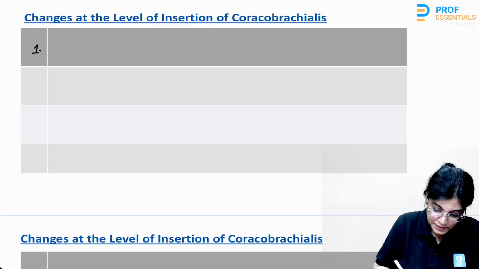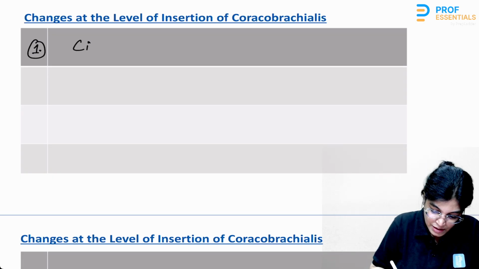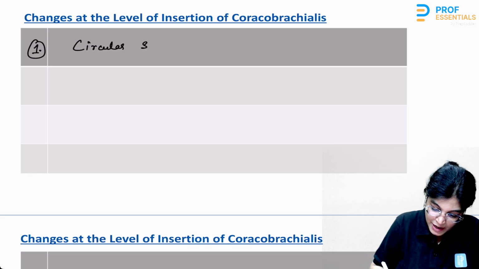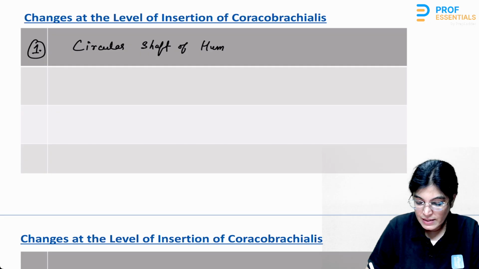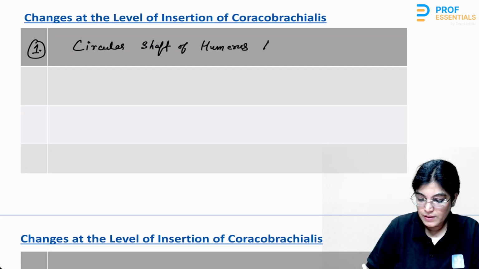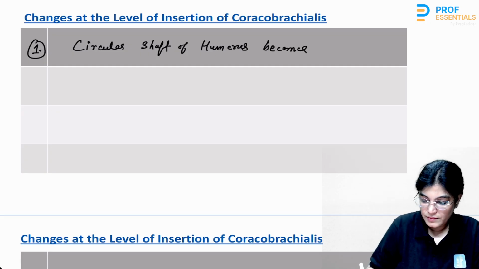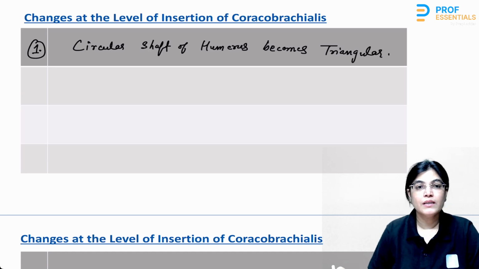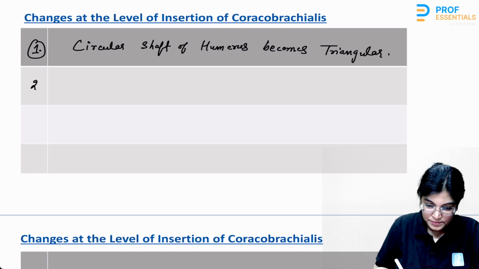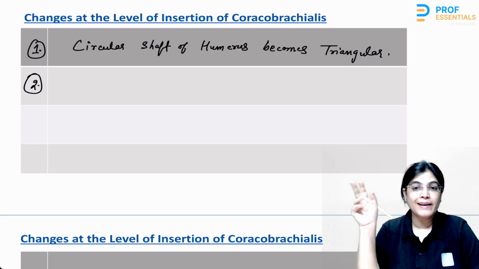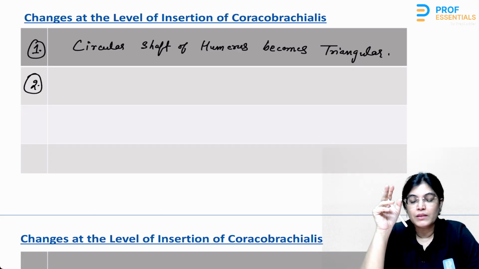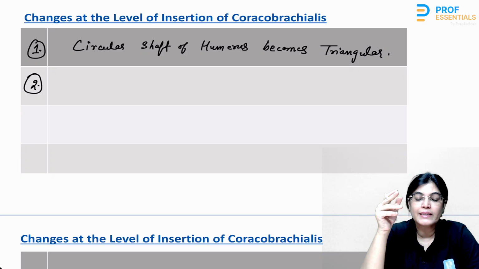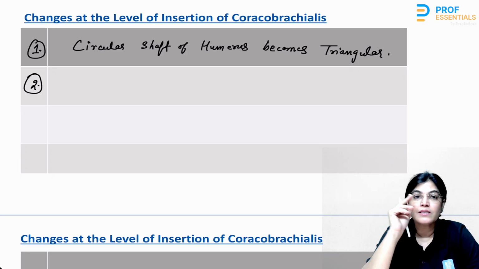We can see the circular shaft of the humerus bone will become triangular at this location. So, first point, the circular shaft of humerus changes and becomes triangular at this level. Got it? Then we have the change of direction of the brachial artery. The brachial artery passes from the medial side of the arm towards the anterior aspect. This is another change.